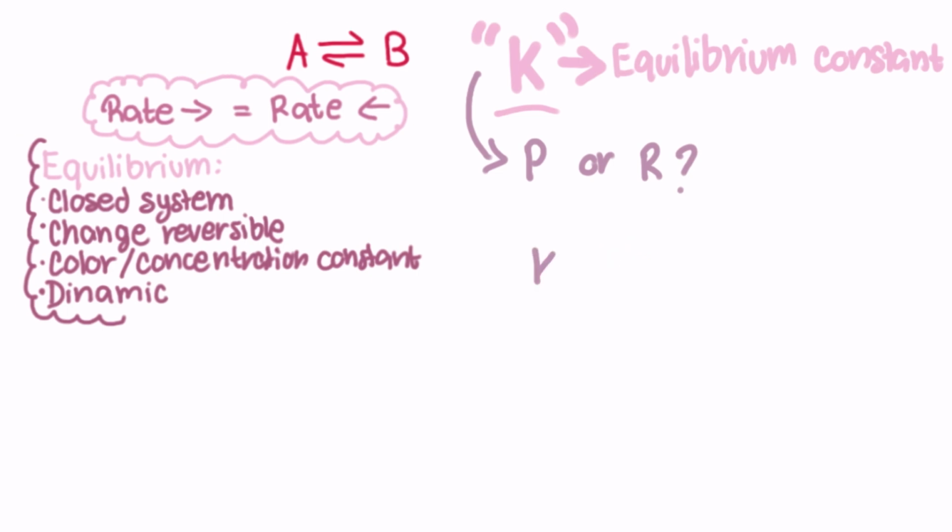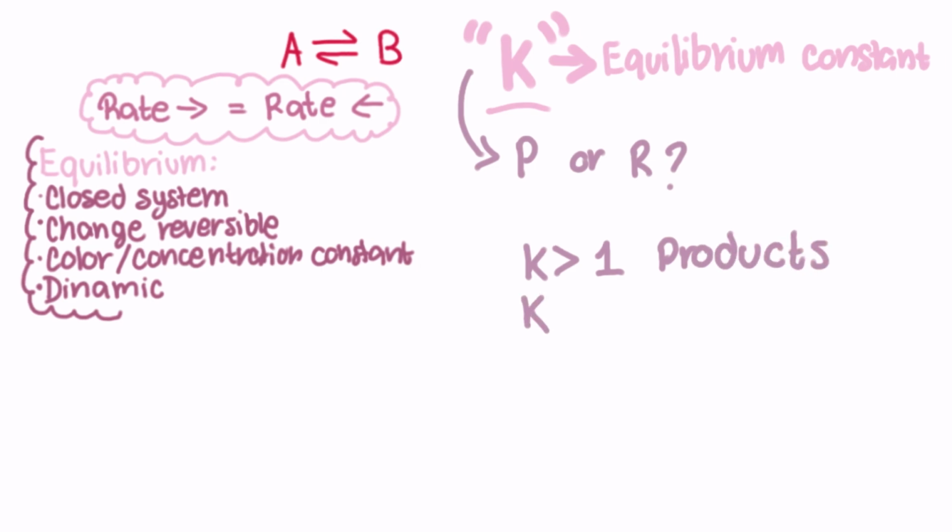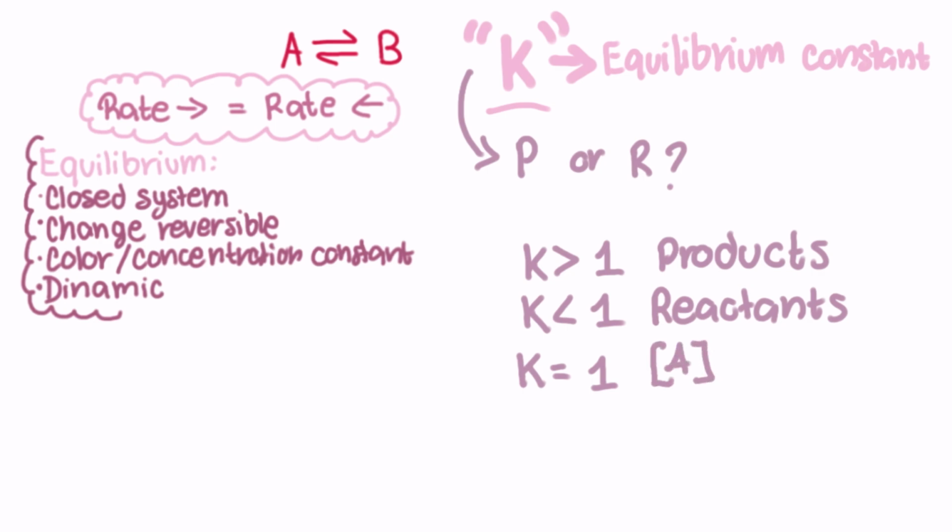If K is greater than 1, it will prefer products. If K is less than 1, it will prefer reactants. And if K is 1, it has no preference. This means that concentration of A equals concentration of B.